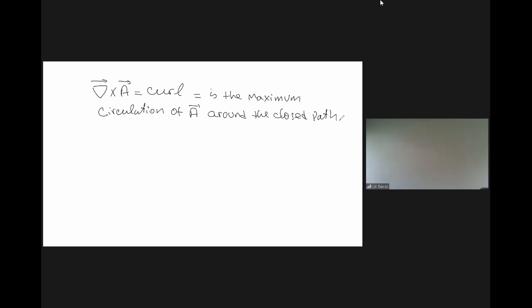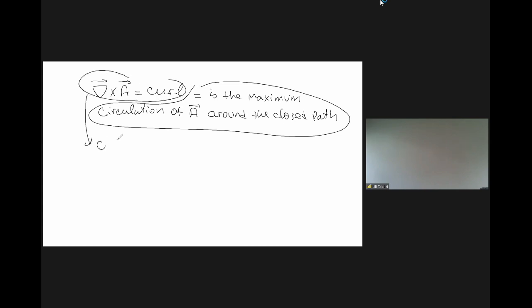Actually, at this point, let me put this definition aside. Curl is representing circulation. Don't worry about this one yet. Just define curl as a circulation.